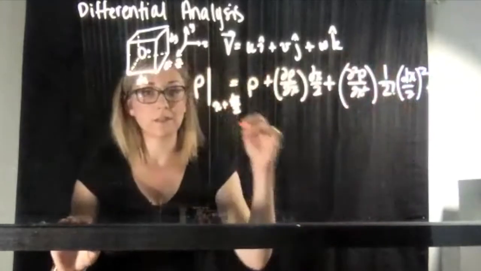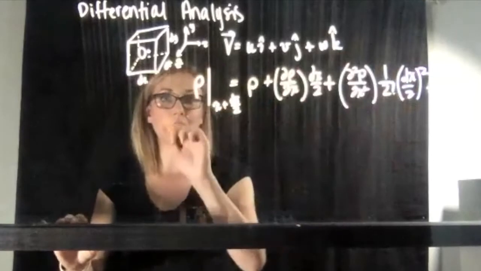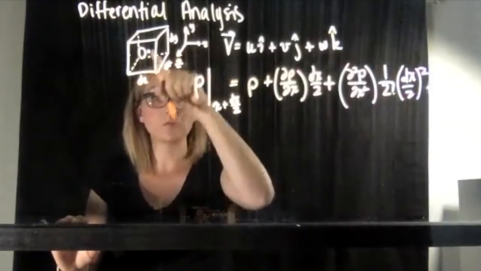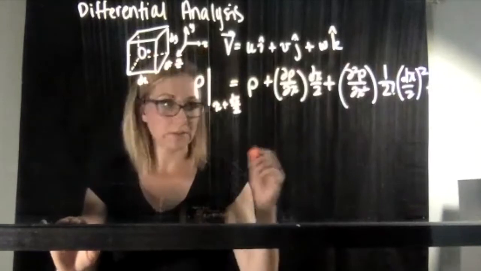So this is a Taylor series expansion to find the value of the density at dx over 2 distance away on the right-hand face.